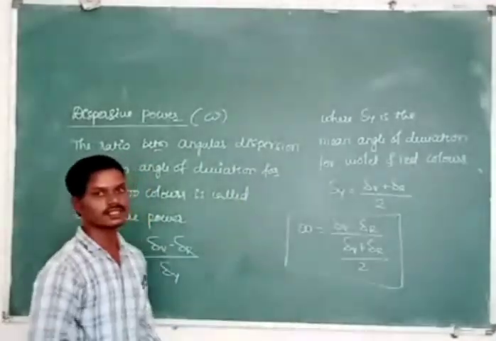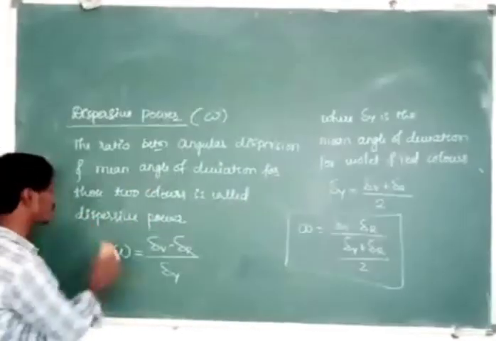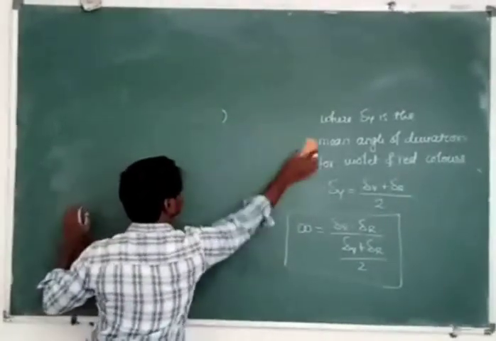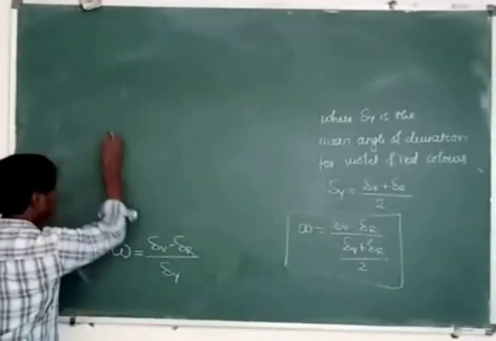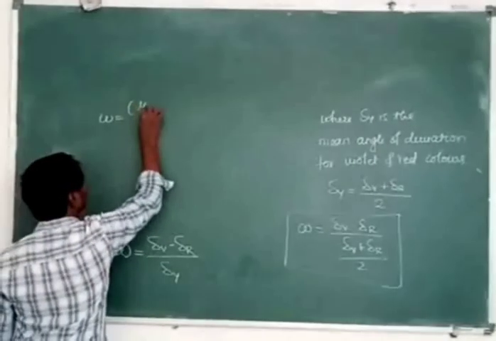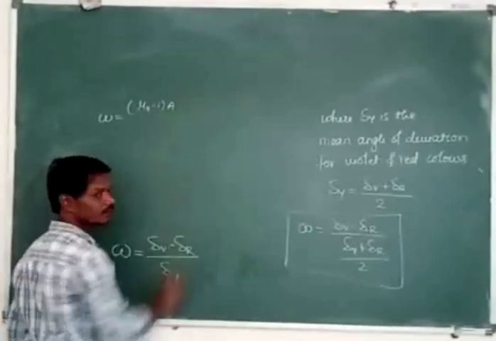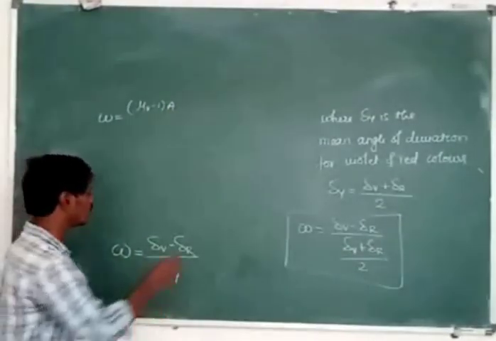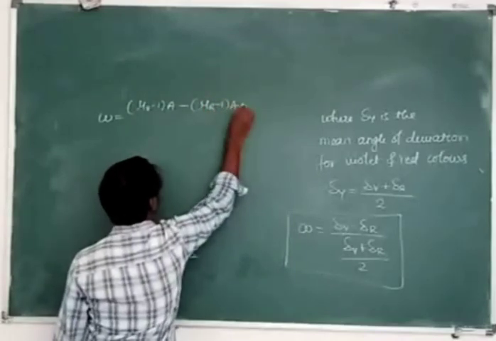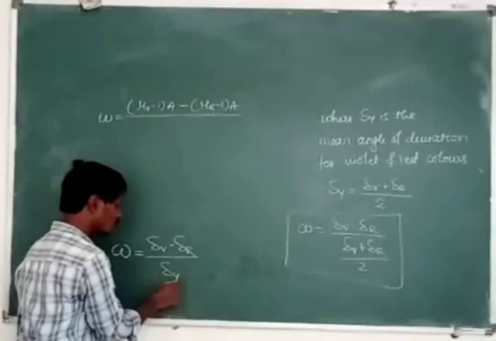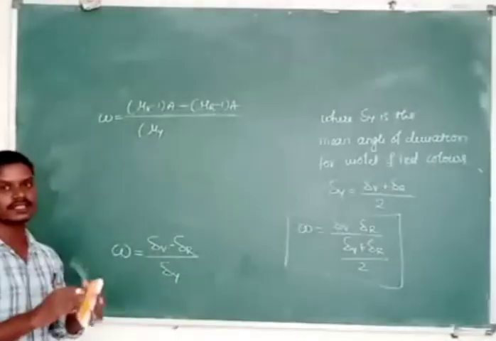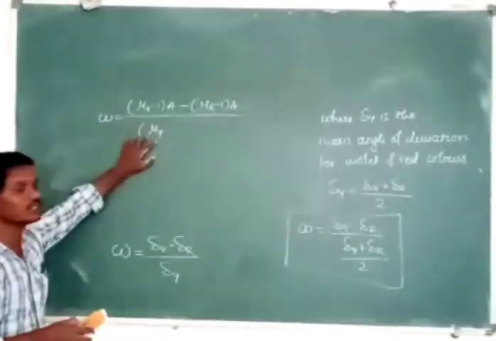Then on what factors the dispersive power depends, that we have to find. The angle of deviation for violet color is mu V minus 1 into A. Then what is the angle of deviation for red color? That is minus of mu R minus 1 into A, divided by the angle of deviation for yellow color, that is mu Y minus 1 into A. Mu Y is the refractive index of the material of the prism for the yellow color.